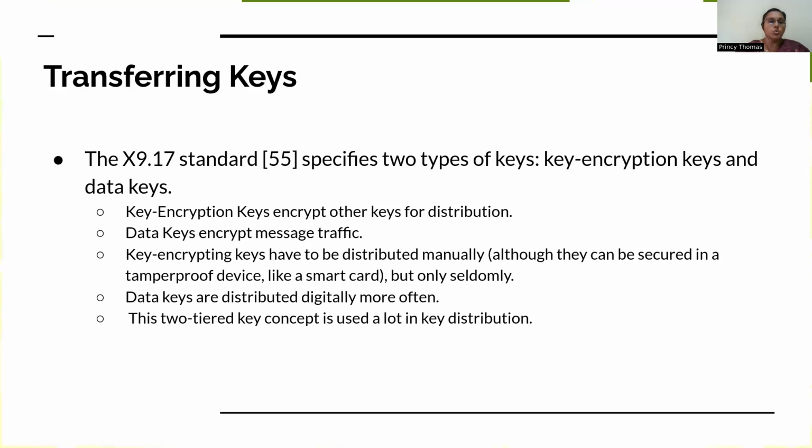Okay, this two-tiered key concept is used a lot in key distribution. If the key encrypting keys are used to manually distribute the key, then that key can be used to securely transmit the data keys.